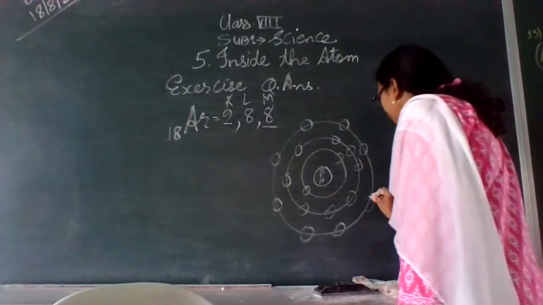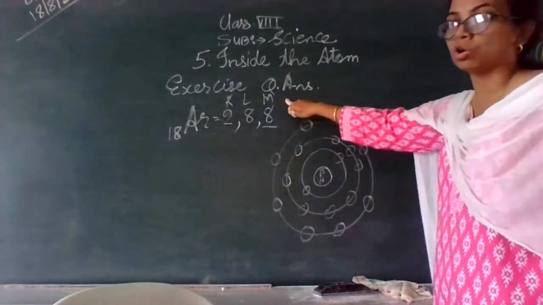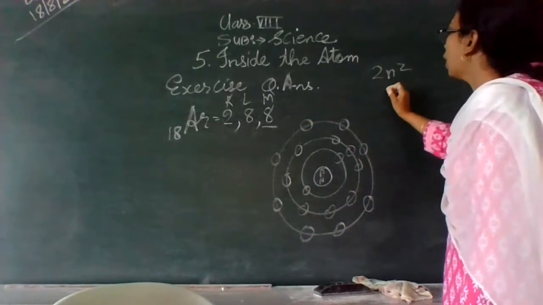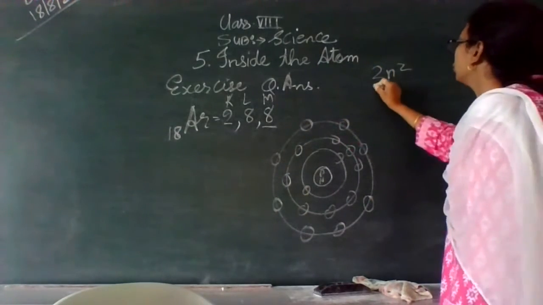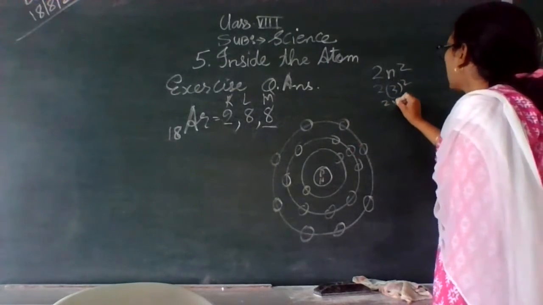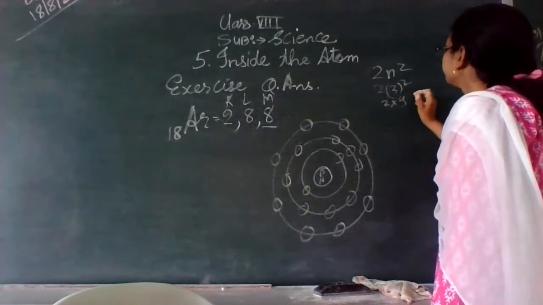Though the capacity of the M shell is more, according to the 2n square formula, as the M shell is the third shell, we know that 3 3s are 9.